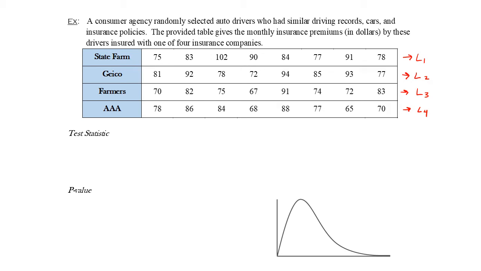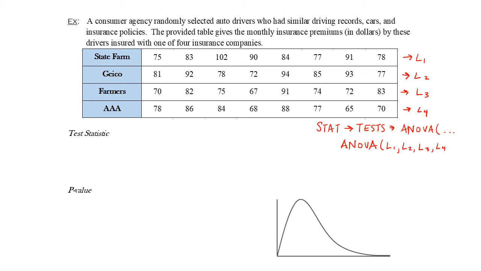And once you do that, then you're going to go to your stat tests, and then at the very bottom of the list you'll see ANOVA. Okay, and then in this case you'll enter those 4 lists that we entered all that data into.